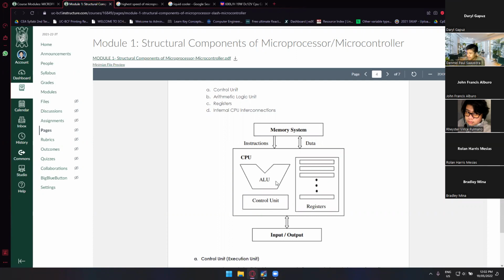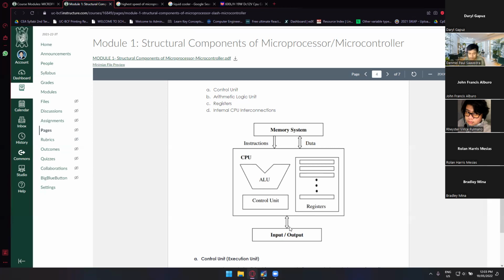So with that, the ALU can now process those combinations of numbers. But I forgot to mention that before going to the ALU, all of those are actually going to the registers first. So they will be registered right here, one by one, let's say bit by bit, before going to the ALU. After being processed, it will go again to the registers, and then be fetched by the control unit, and then move back to the output.